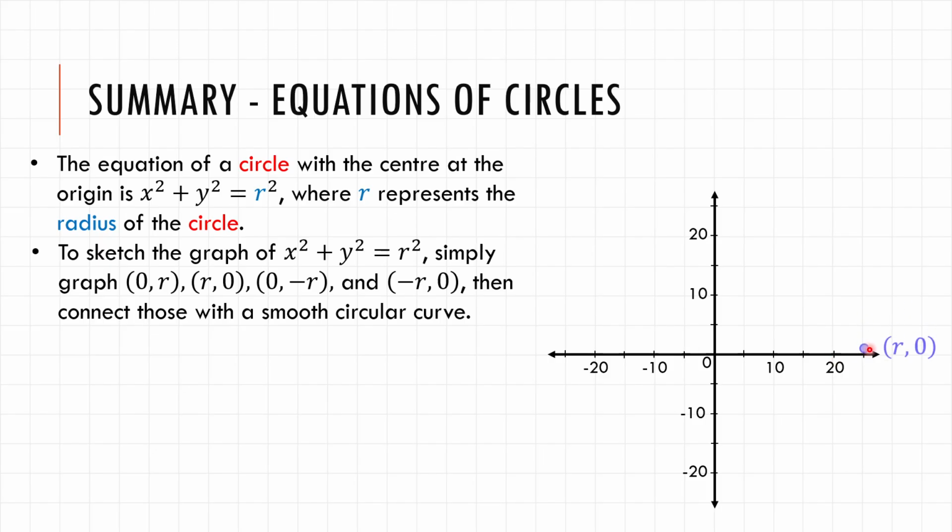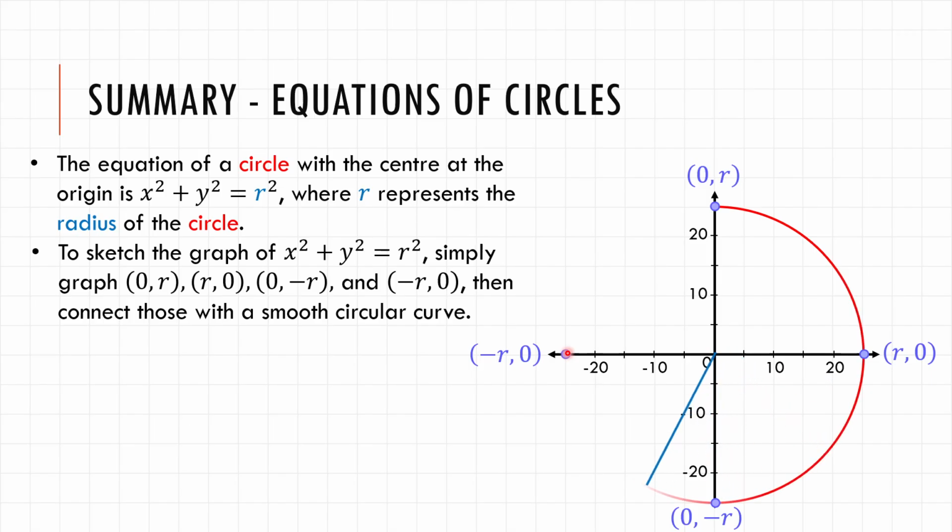So (0, r), (r, 0), (0, -r), and (-r, 0). And then connect all of those with a nice smooth curve, just like so. And just like that, you will have created a circle whose equation can be described by x squared plus y squared equals r squared, where r is the radius.